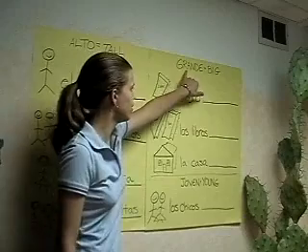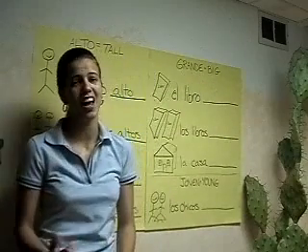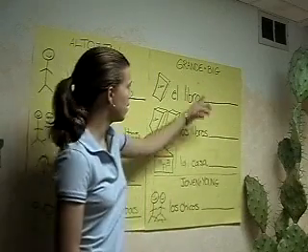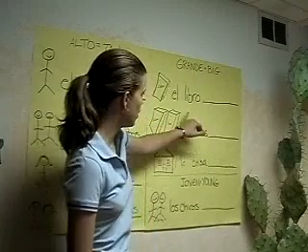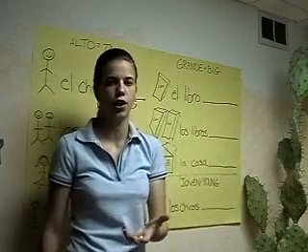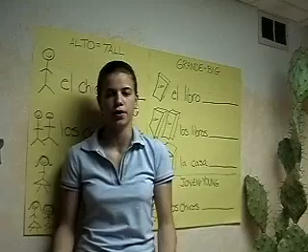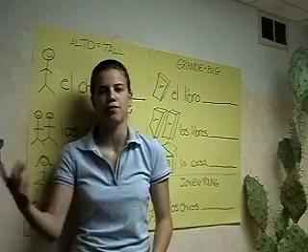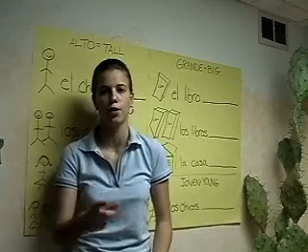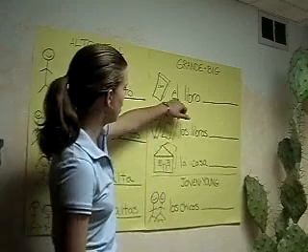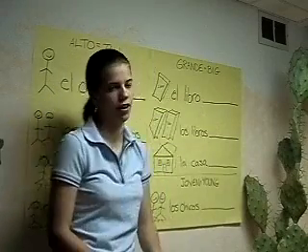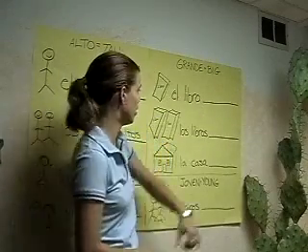We have the adjective here, grande, which means big. That ends in an E. This behaves a little bit differently. We have here el libro, the book. We want to say the big book. Remember, adjectives come after the noun, so we have to say the book big. Now again, el libro is singular masculine.